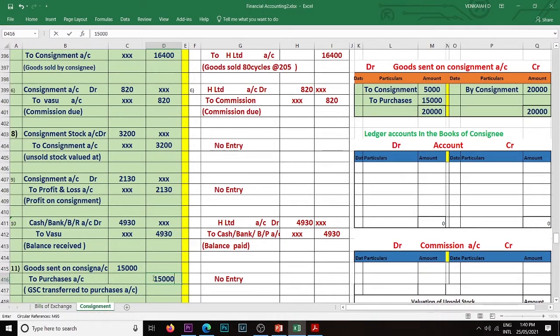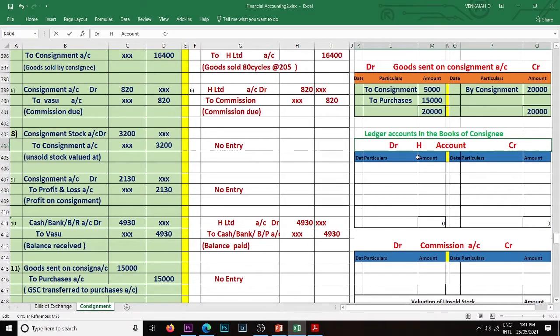The consignee will be the same as it is. Simply you will record only a few items: consignee expenses, commission, sales, advance, repayment. That's all, not more than that. So H Limited, the consignor name.